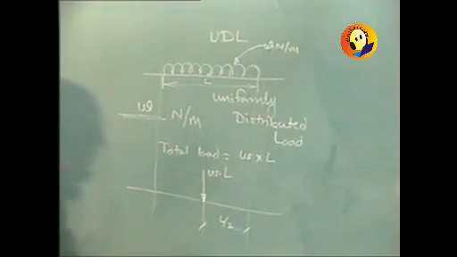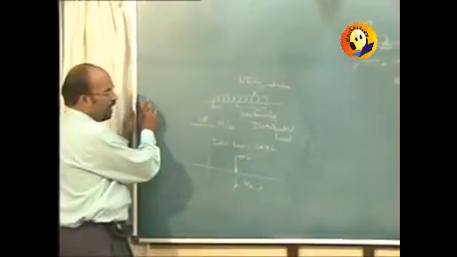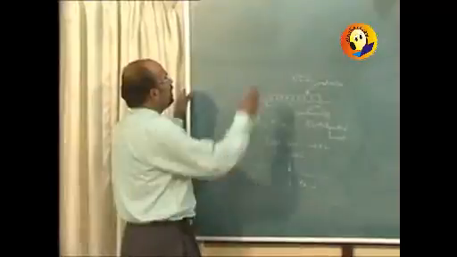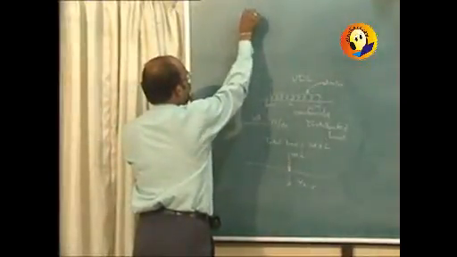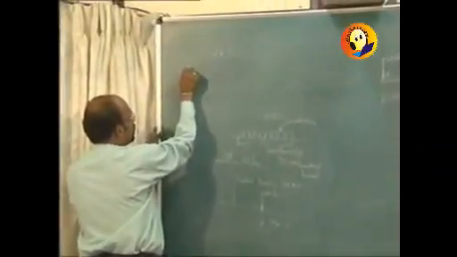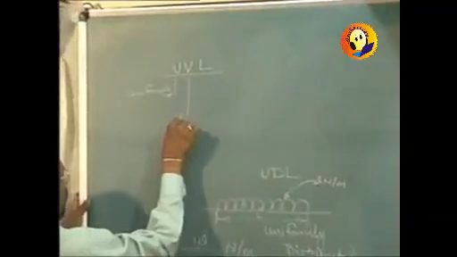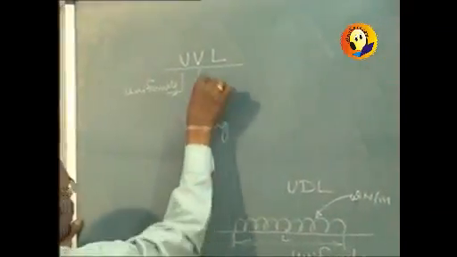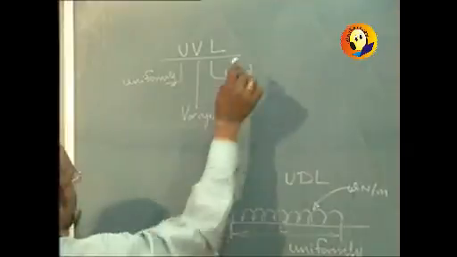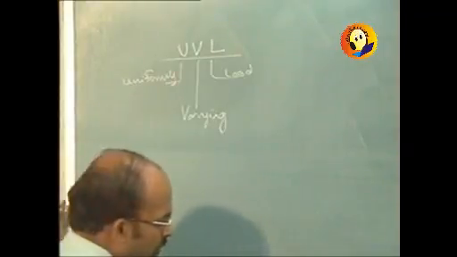There is some other type of loading also which will come into picture, and that is called as the uniformly varying load, UVL. And this uniformly varying load will be shown on the given diagram or the load diagram as a triangle.